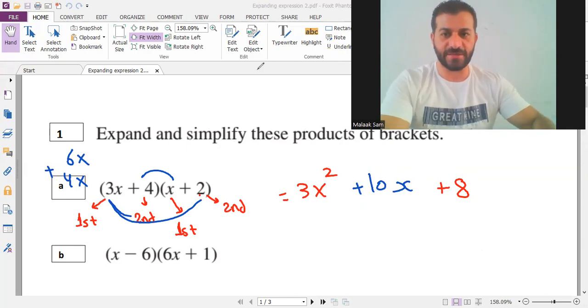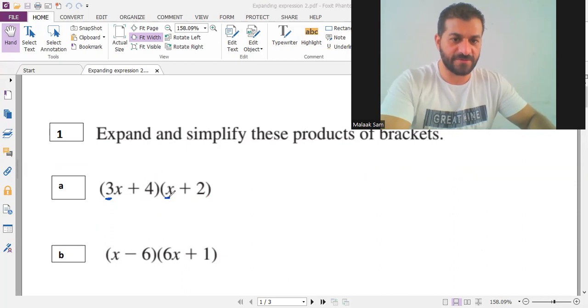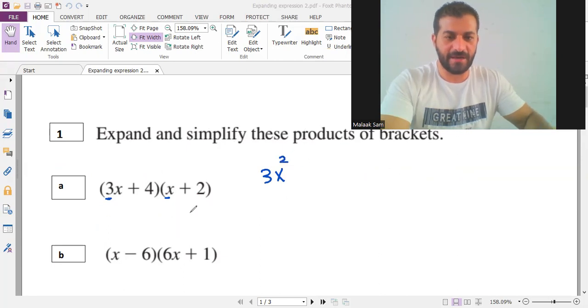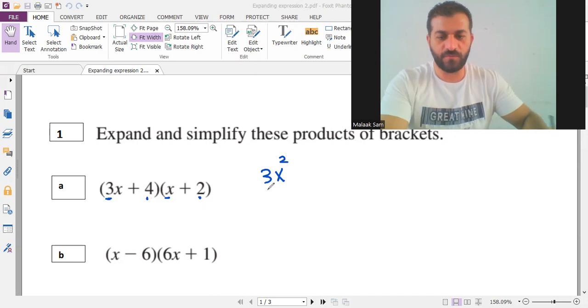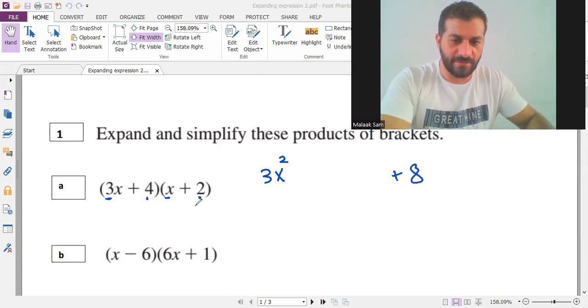Once again, what I said, simply, I multiply the first by the first. 3x multiplied by x, 3x squared. And at the end, I multiply the second by the second. So 4 times 2, it will be 8. What is in the middle? In the middle is the product of extremes plus the product of means.